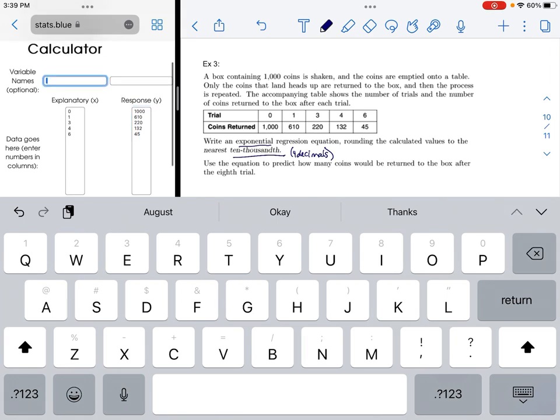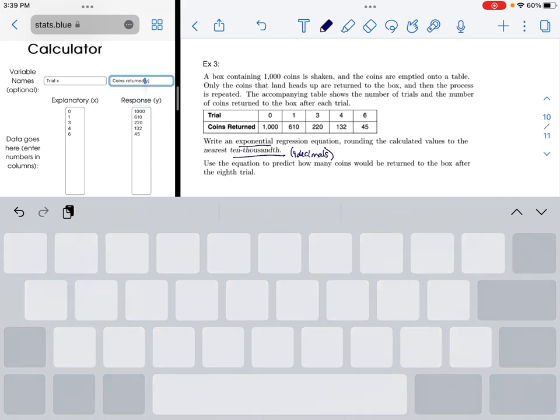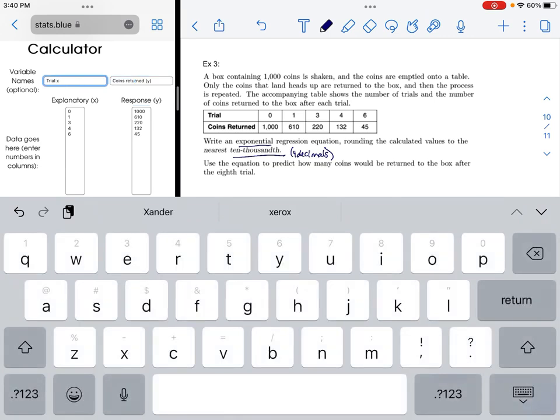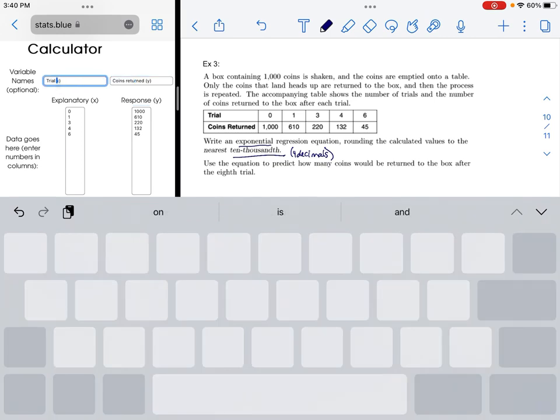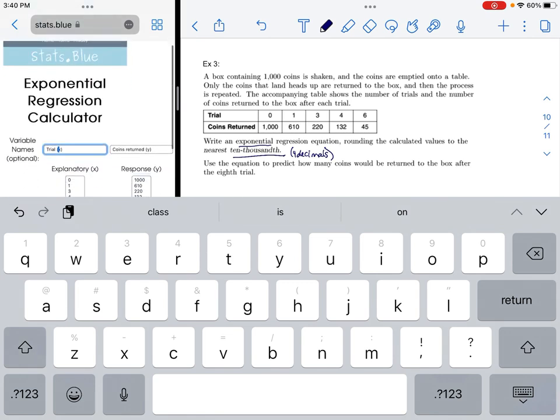So our explanatory, or our trial, is X, and our coins returned is Y. This is once again going to make our problem look kind of weird, but it's fine. All right, we'll go ahead, we'll run it, make sure you're on exponential.